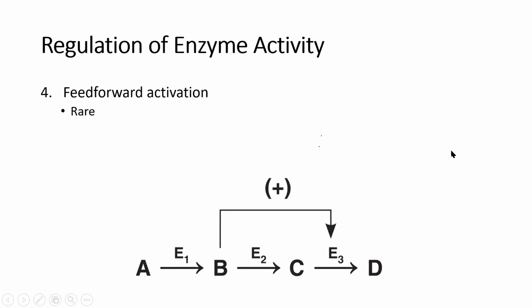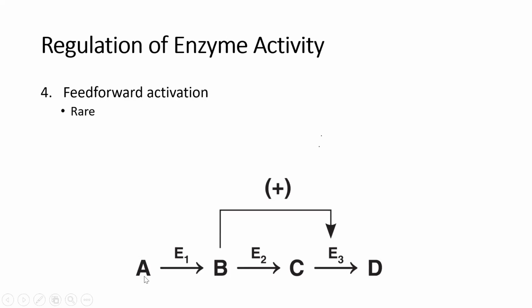And then lastly, we have a very rare form of regulation. This is called feed-forward activation. This is not very common in our physiology, but this is where the concentration of a substrate upstream affects the activity of an enzyme that's downstream. Again, very rare, but we do see it in some instances throughout the body.